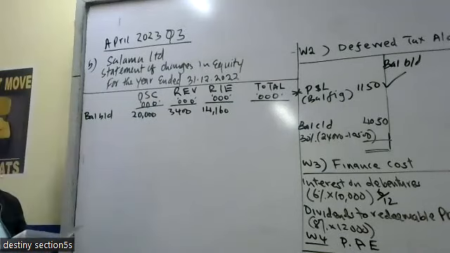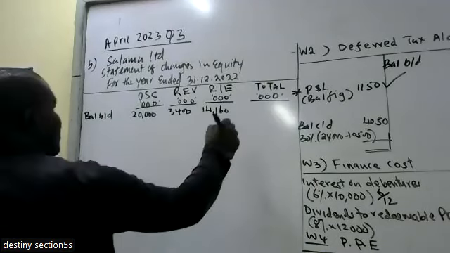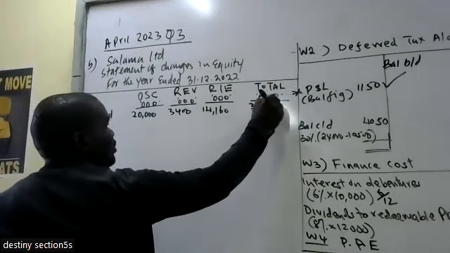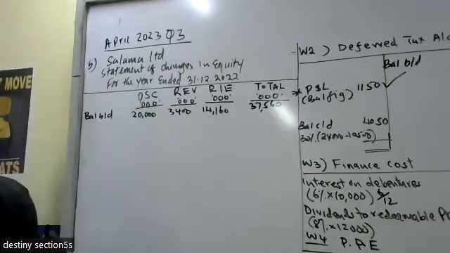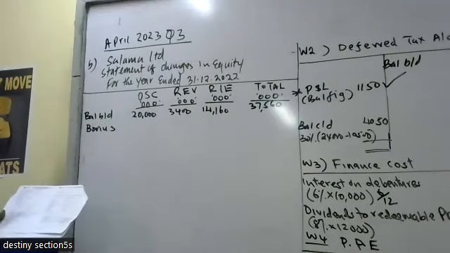Can you add across and tell me the total? 37,560. Then there was bonus. Bonus issue.